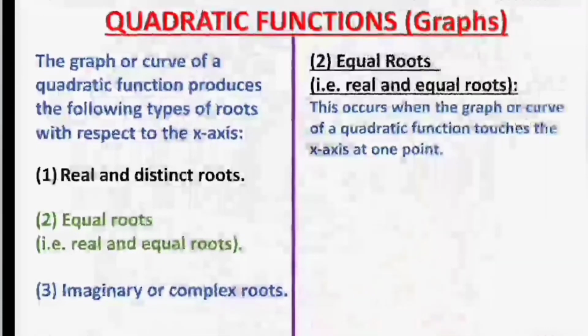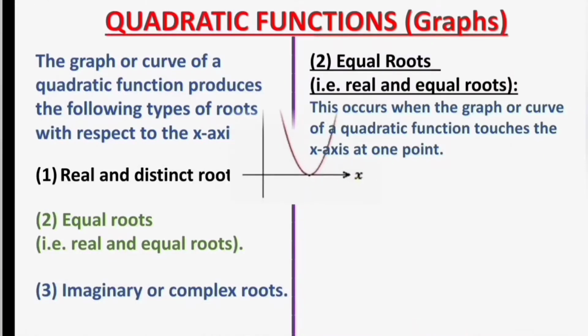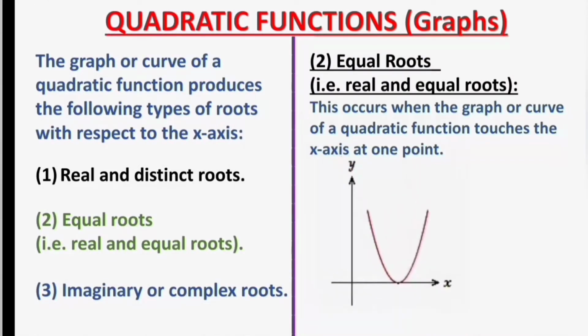Looking at the second type of roots that a quadratic function can produce. Number 2, equal roots. That is, real and equal roots. This occurs when the graph or curve of a quadratic function touches the x-axis at 1 point. Here is an example of a graph or curve of a quadratic function which produces equal roots.